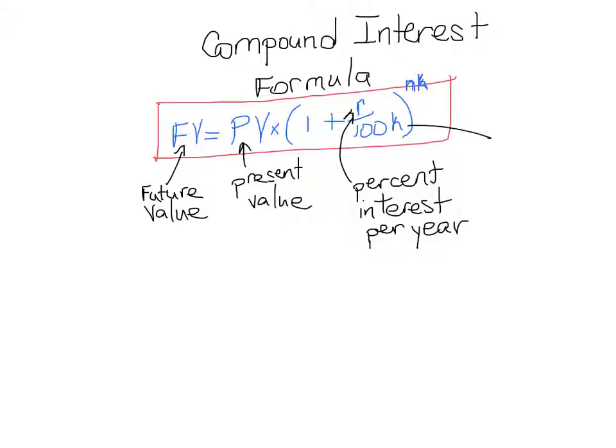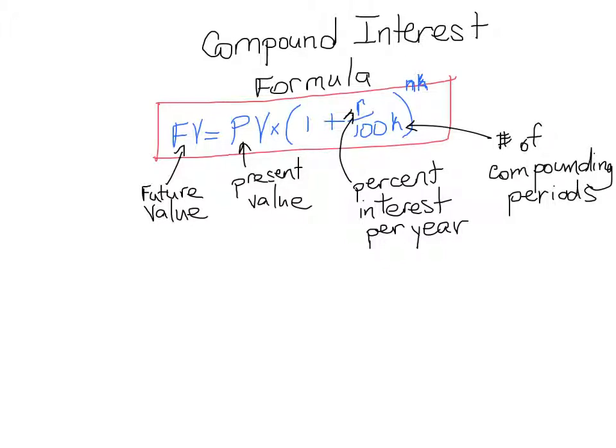K is the number of compounding time periods per year, and I will explain what that means. For example, if it's compounding monthly, that means it's compounding 12 times per year, and therefore K would be 12.